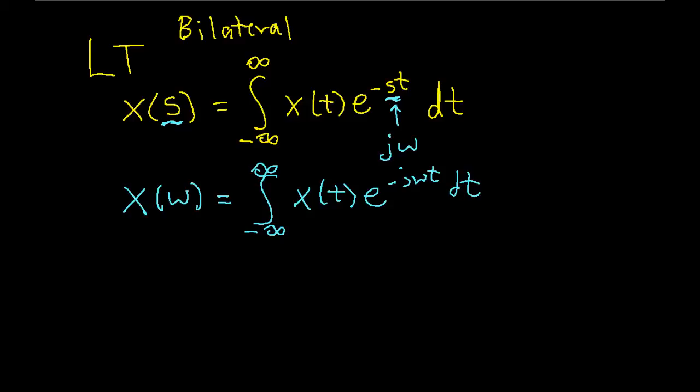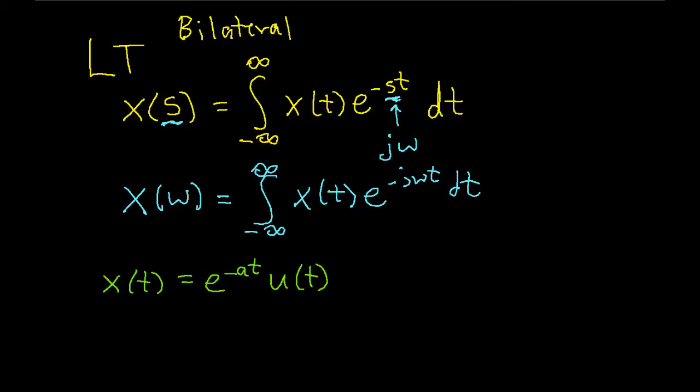So if I already know the Laplace transform of a particular time function, then I can find its Fourier transform very easily. As an example, x of t is e to the minus at u of t.